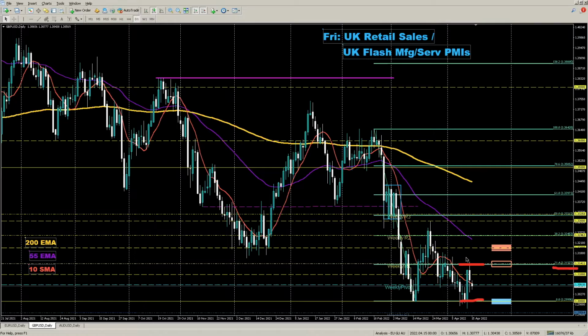So it's still attempting to climb higher, but for now it's constrained in this, looks like a slightly falling channel. It's trying to drift lower, but it's finding support. So it's consolidating now. We'll see whether it's able to maintain this level and slowly turn back up, or whether it's also going to follow the euro, drifting lower, but at a slower rate.